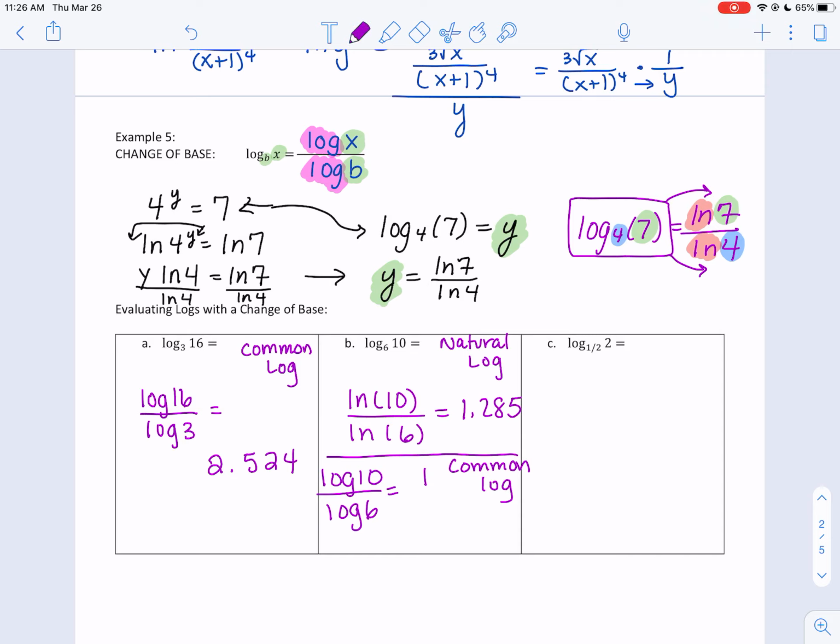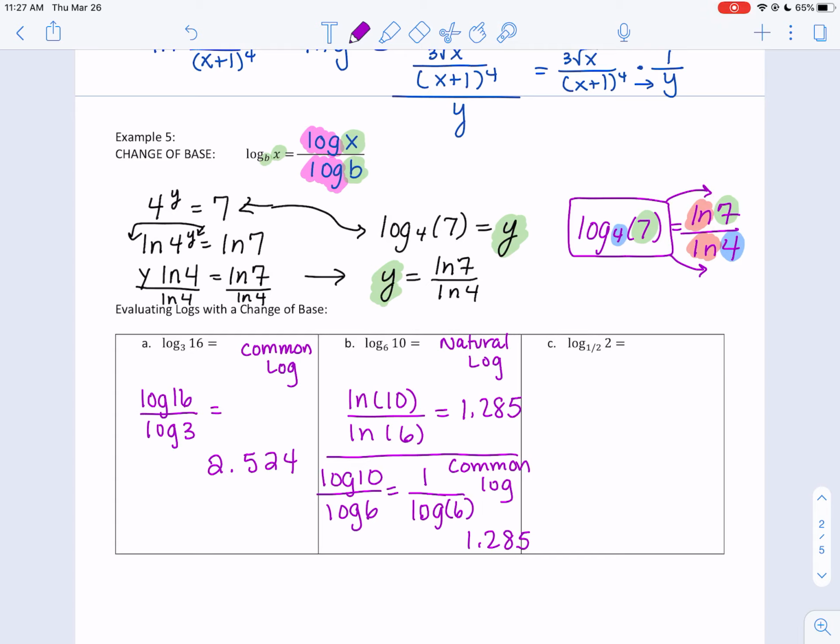If we write that as 1 over log 6, and we find that value, again, just 1 divided by log of 6, that will also give us 1.285. So again, we're getting that same value here on our calculator no matter what version we use, as long as we separate it into two common bases.